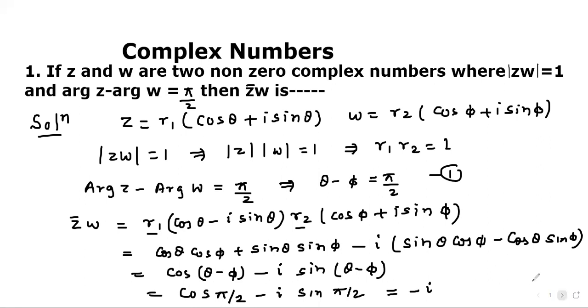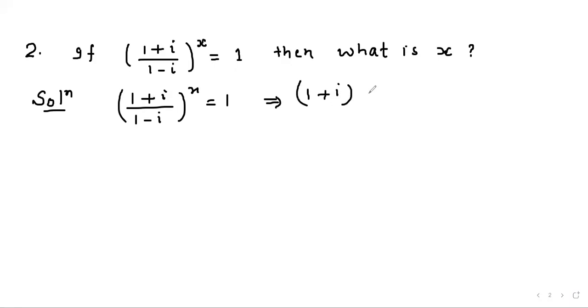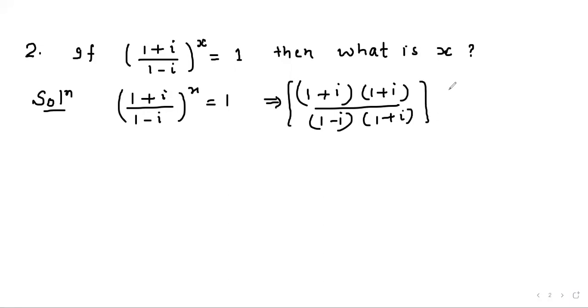Now let's see the next question. Question number 2. It says if 1 plus iota divided by 1 minus iota whole power x equal to 1, then what is x? Let's consider its solution. We can rationalize it. So 1 plus iota times 1 plus iota divided by 1 minus iota times 1 plus iota, whole power x equal to 1.